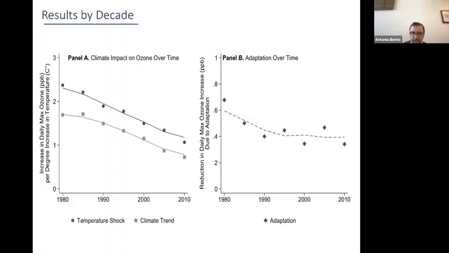Now, I'm running out of time. I encourage you to look at the regression, at the robustness checks, and then we can communicate offline. But there is one point about limits to adaptation that I think is important to think about.